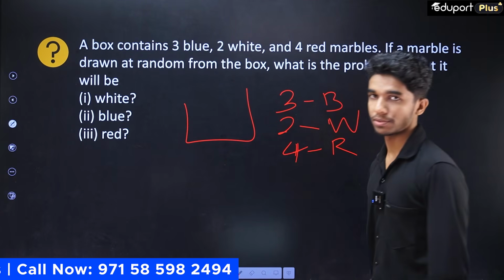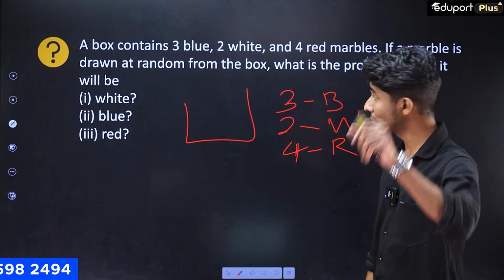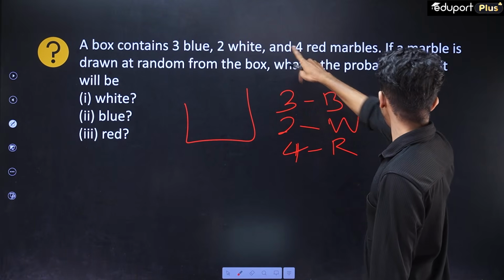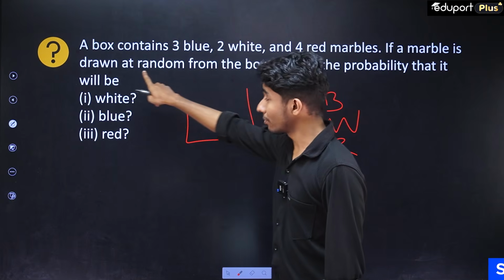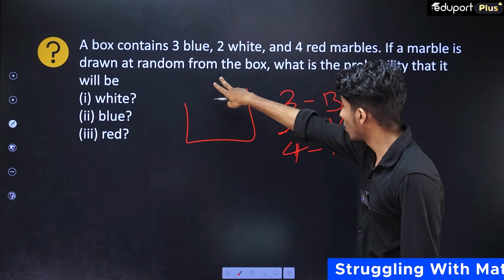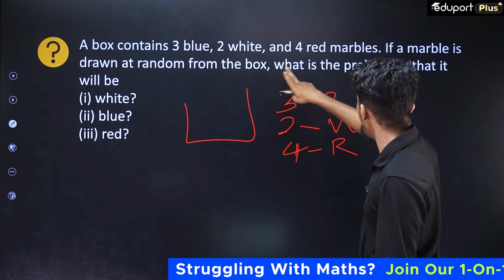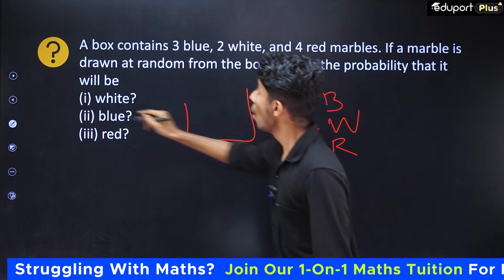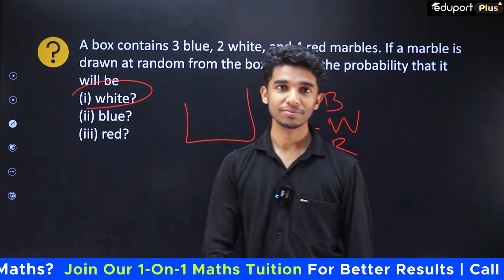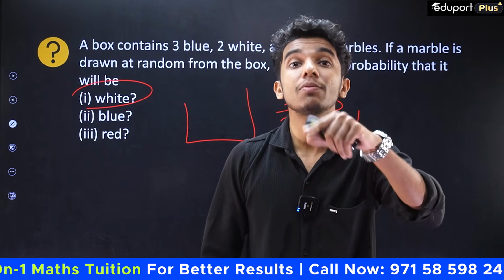You are asked to find: if a marble is drawn at random from the box, what is the probability that it will be white?